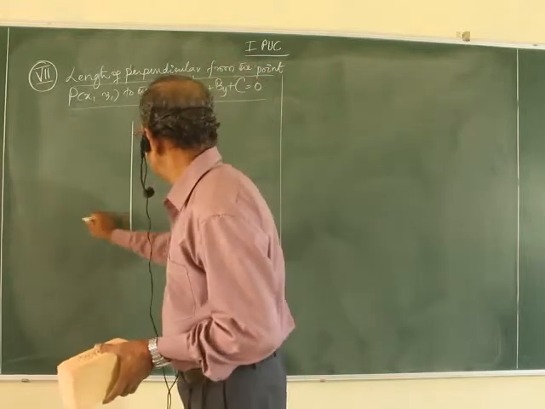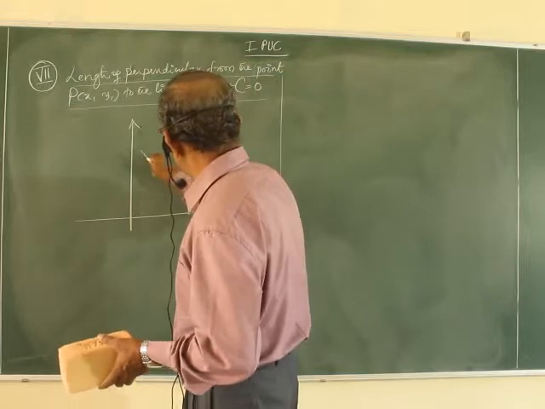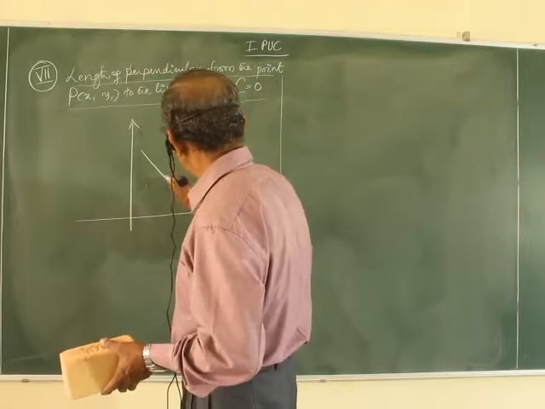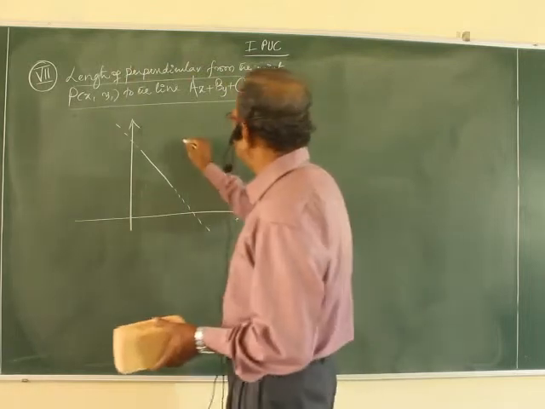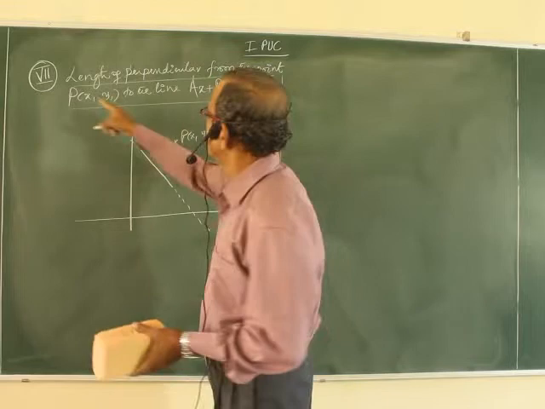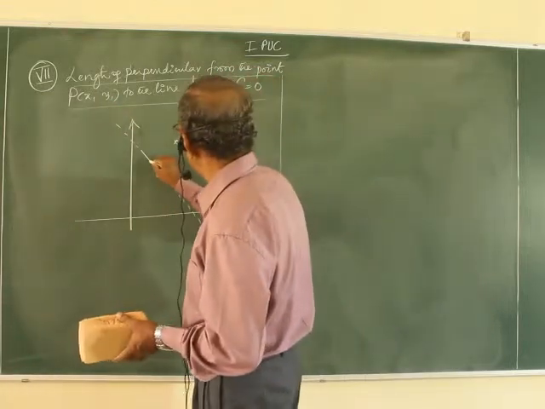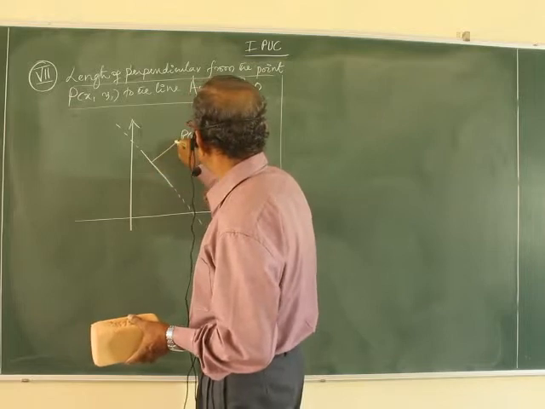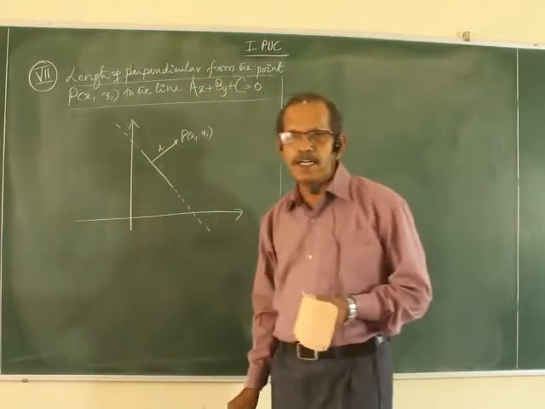Observe this one carefully. Given a straight line. See this one. Straight line. External one particular point P x1, y1. This point. Question is to find length of the perpendicular. Let me call the length of the perpendicular as d, small d.